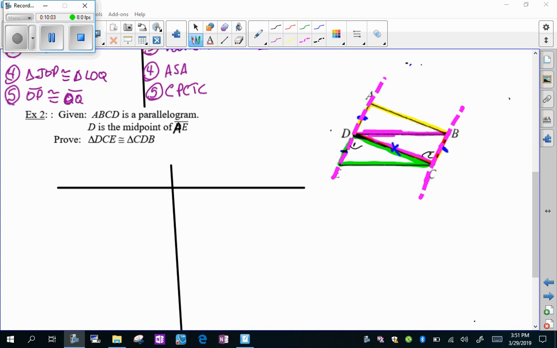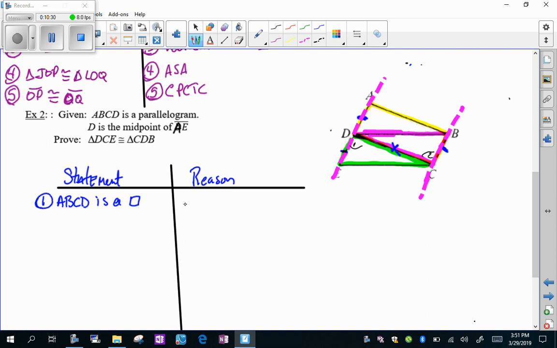So let's go. So I have statement and reason. First statement, I'm going to write my given that ABCD is a parallelogram. I'm going to do the symbol.